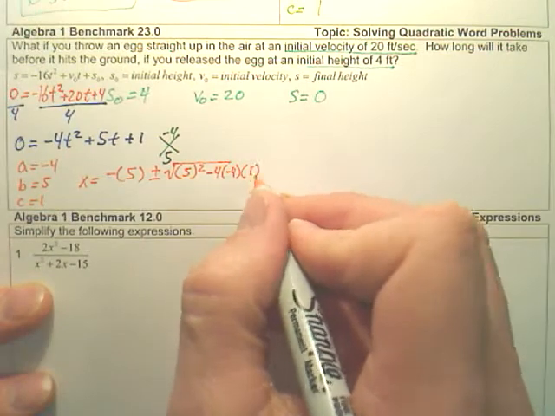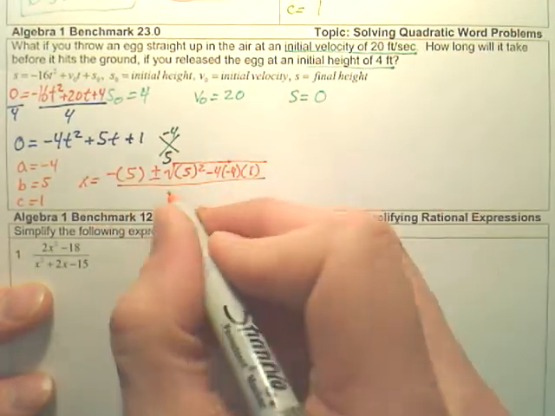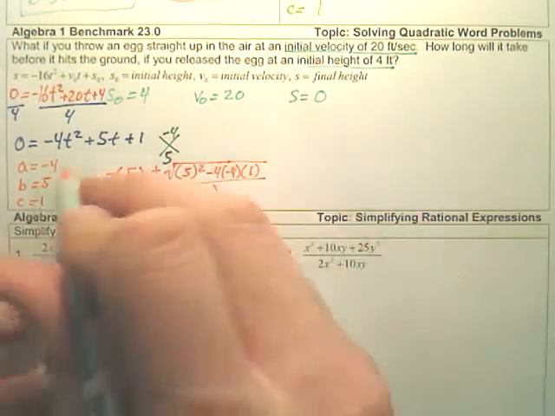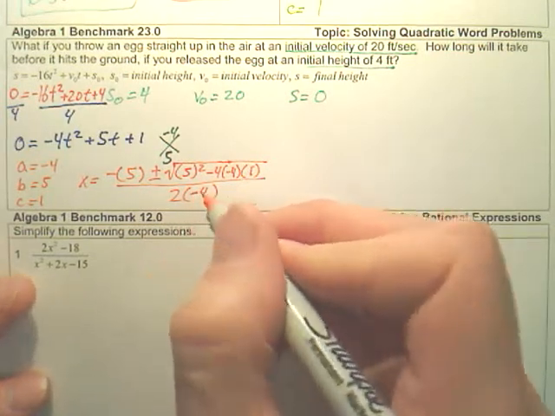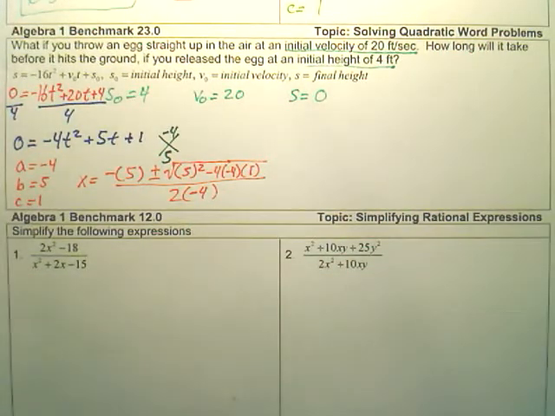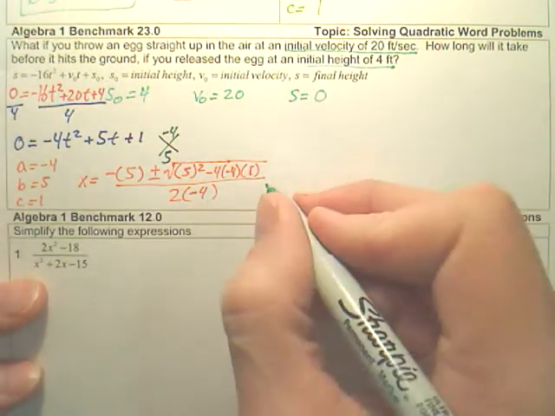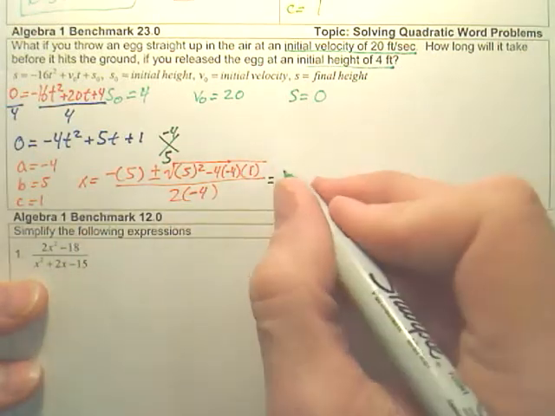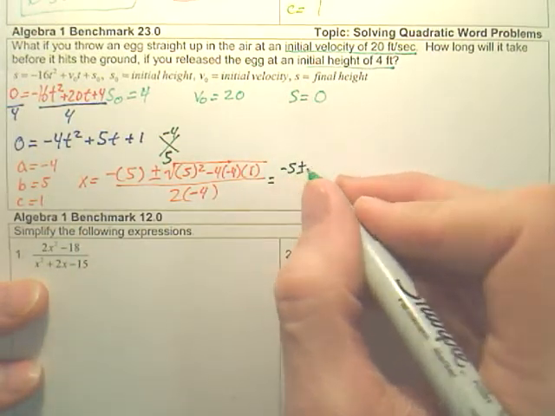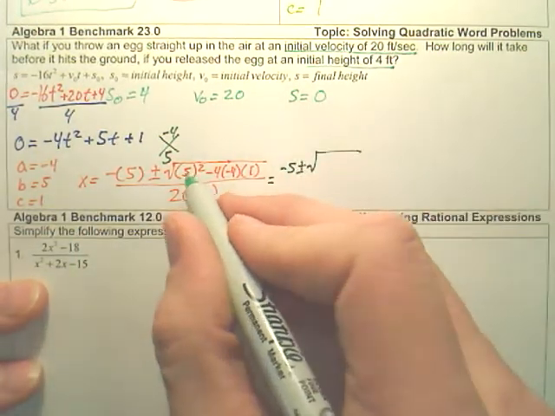C is 1. Do stuff like this in college? Divided by 2A. A is negative 4. That's quadratic formula.